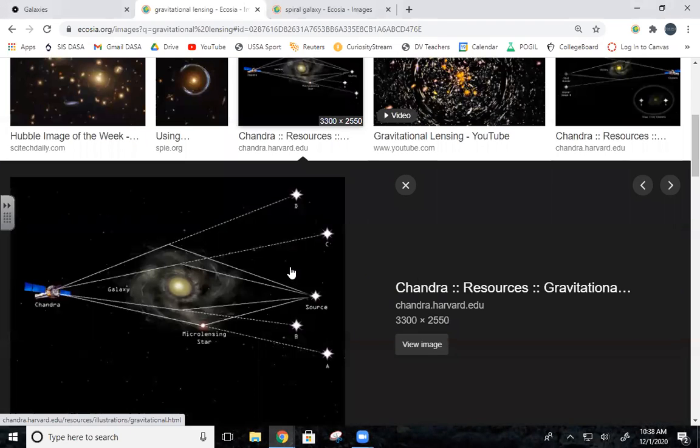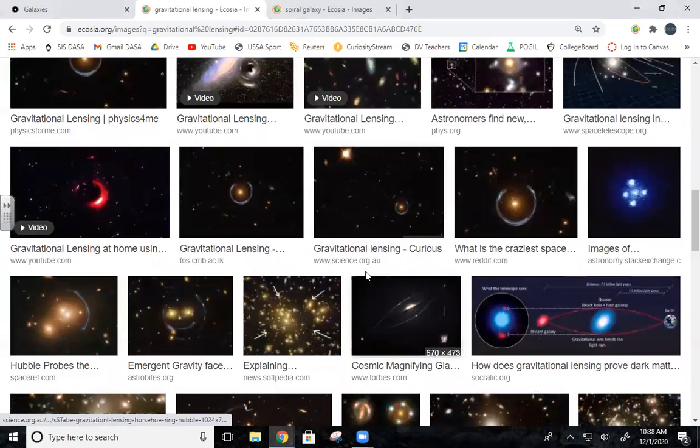Here's a better diagram of it. You have this source, and it gets bent by the gravity. So it looks like the star is here to our eyes, or here to our eyes, when in reality it's actually here. Okay?